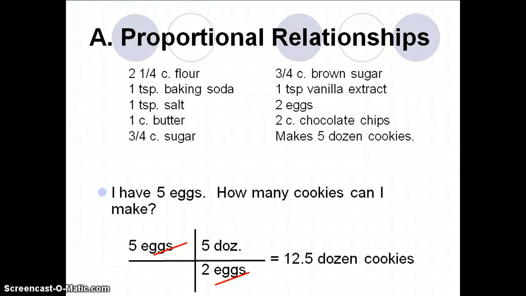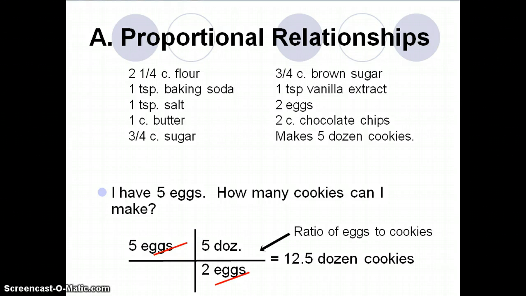And if you understand how we did that, and at this point you should, this should be a fairly simple conversion for you. So dimensional analysis plays a huge role in our proportional relationships, and so it's very important that you are able to do this dimensional analysis easily and correctly.